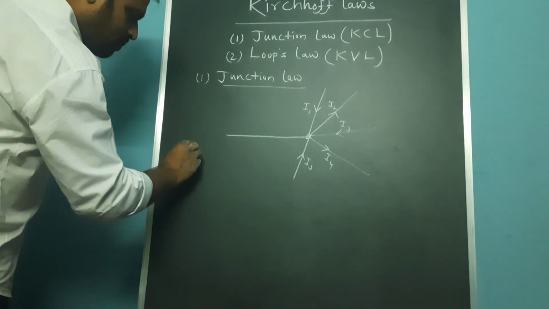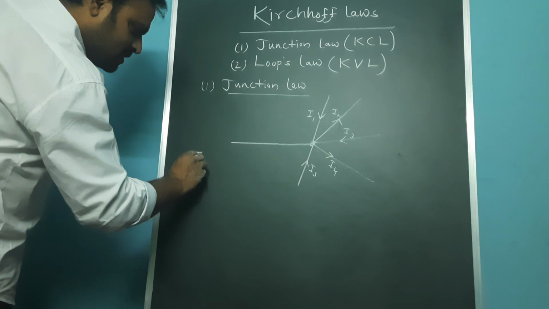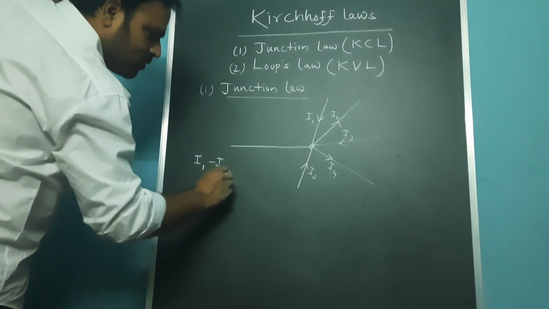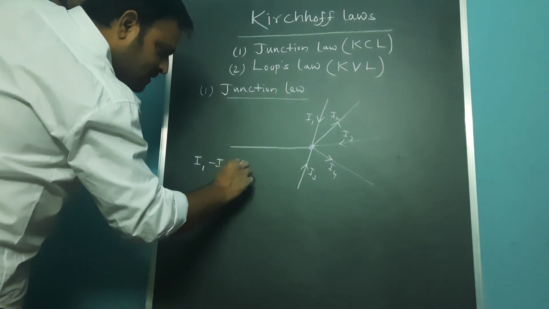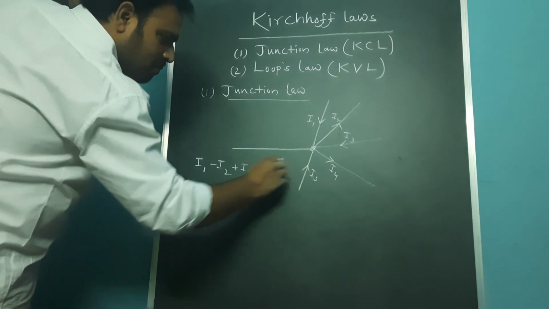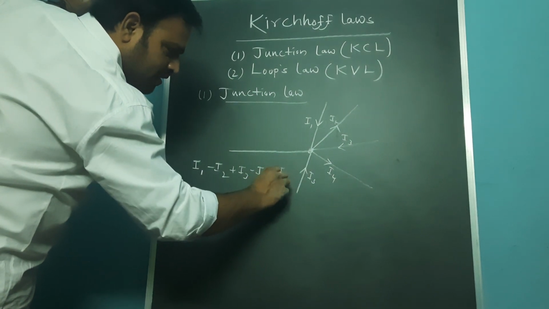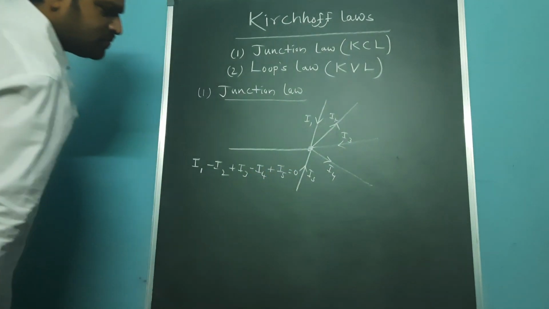If you apply sign conventions, that is plus I1 minus I2 plus I3 minus I4 plus I5 is equal to 0.